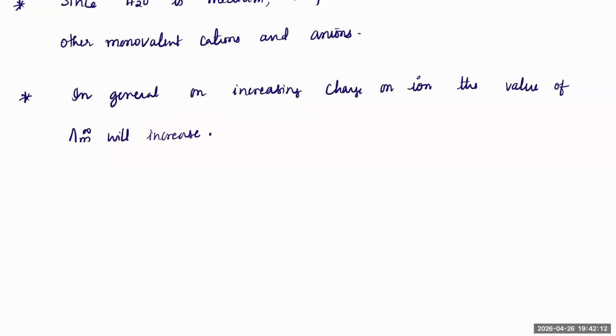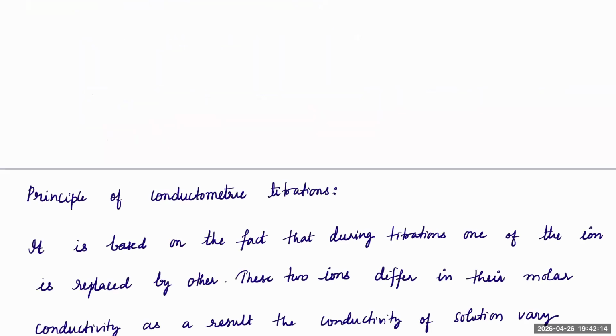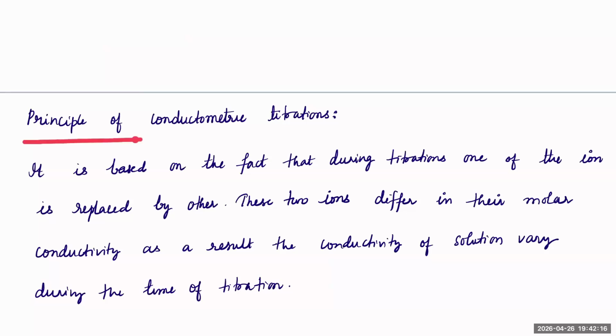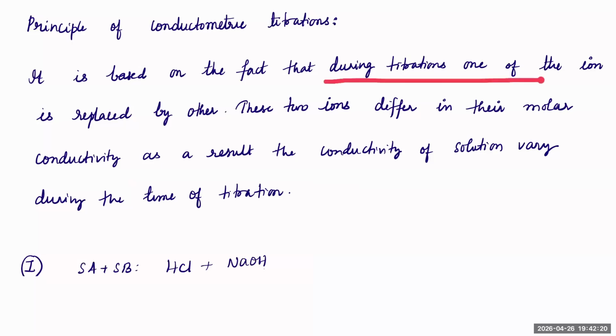Now, what is the principle behind conductometric titrations, everybody? Here, the principle is that it is based on the fact that in titrations, one of the ions is replaced by the other, isn't it? For example, if you take HCl and NaOH titration, as you keep on adding NaOH, the H plus is eventually replaced with Na plus, isn't it?